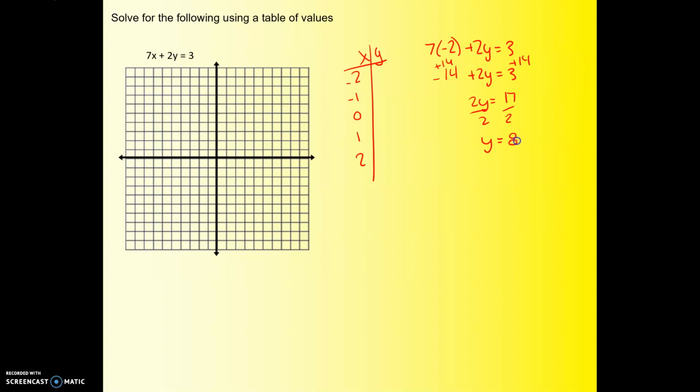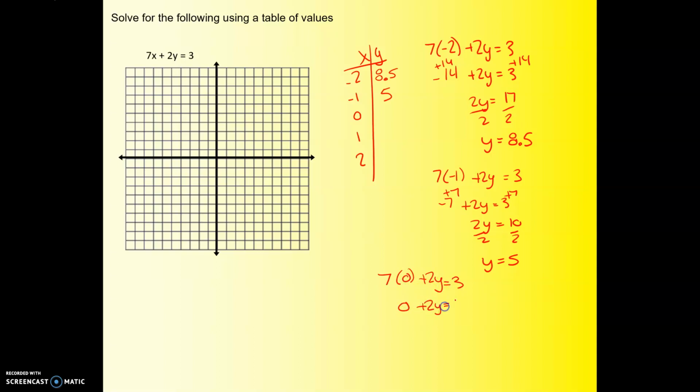Mm, 8.5. There we go. So all I'm doing is whatever X value I chose, I'm plugging that in for X, and I'm solving for Y.